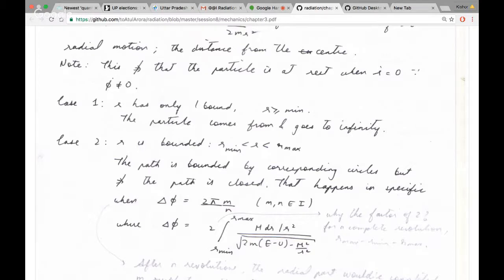So basically, it will be closed when delta phi is a rational number times 2 pi. I mean, delta phi in one complete going from r max to r min should be a rational multiple of 2 pi. Makes sense, right? Otherwise it will never close, and r and phi will never come back.